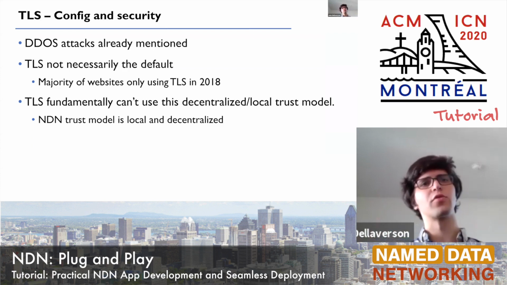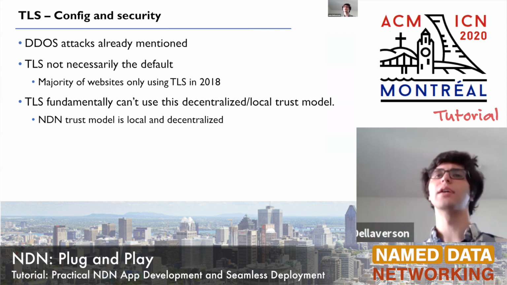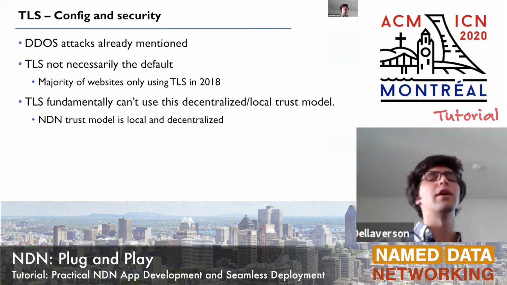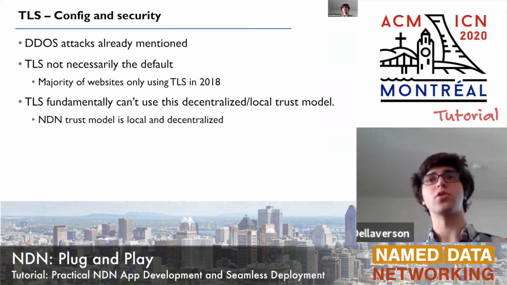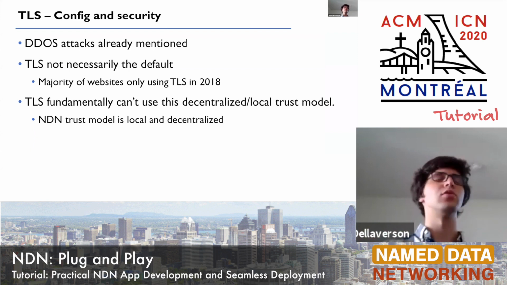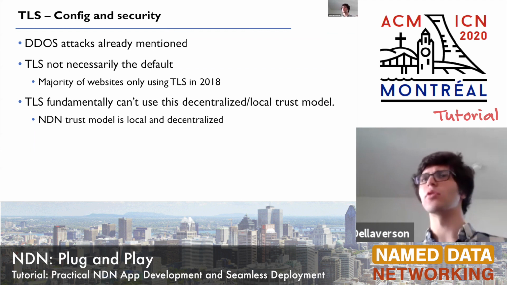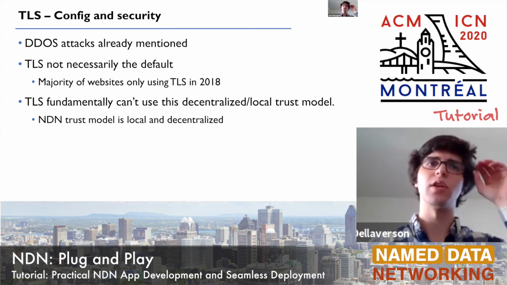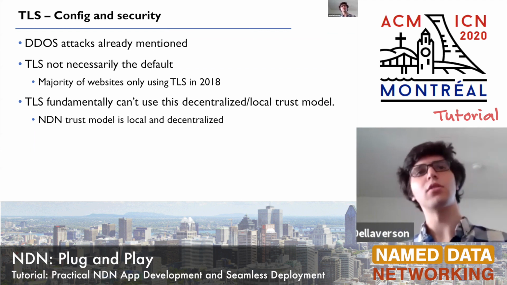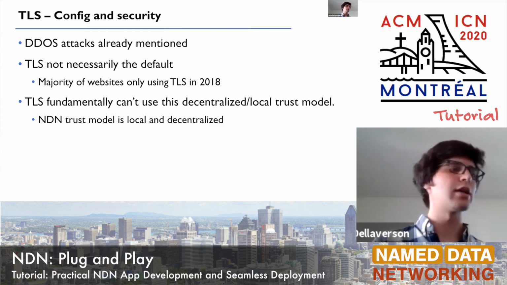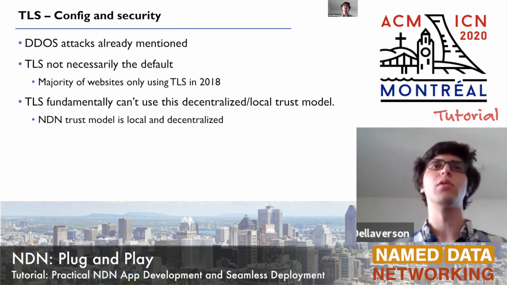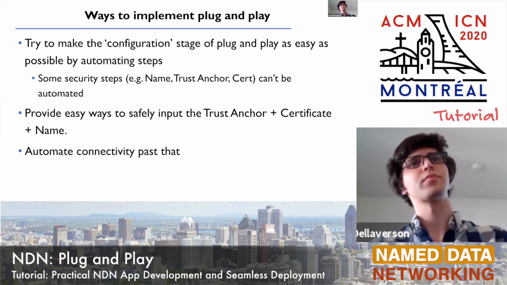And finally, the most fundamental point is that TLS can't use the decentralized and localized trust model that we think is a good idea and that NDN tends to employ, as we've seen in the NDN chat model and in general in the other talks that the NDN community has given. The NDN trust model tends to be local and decentralized, which TLS in general cannot do.